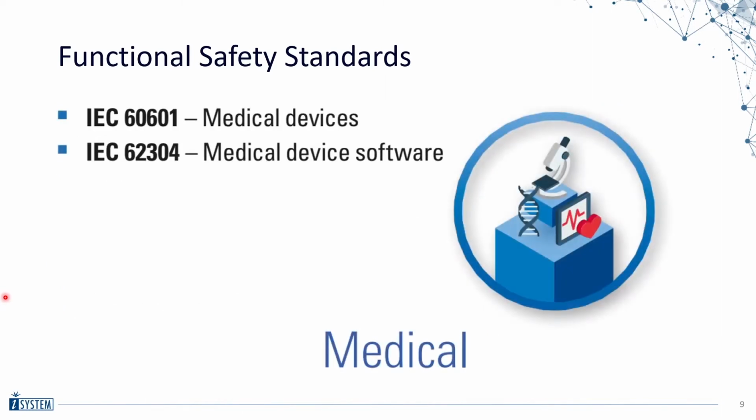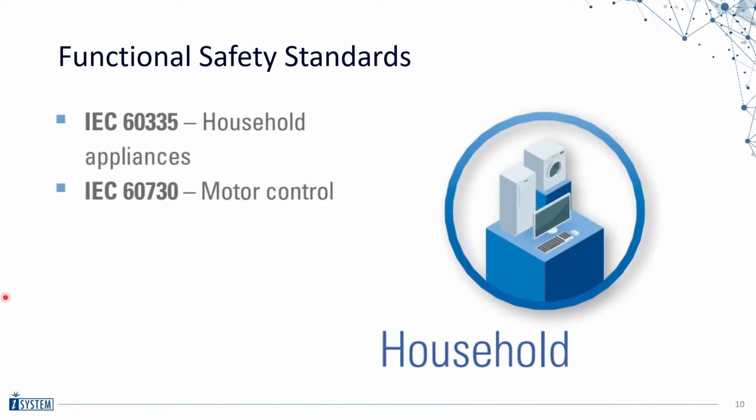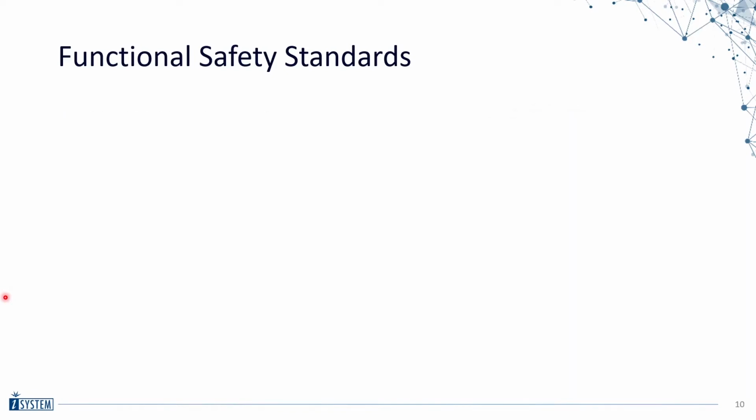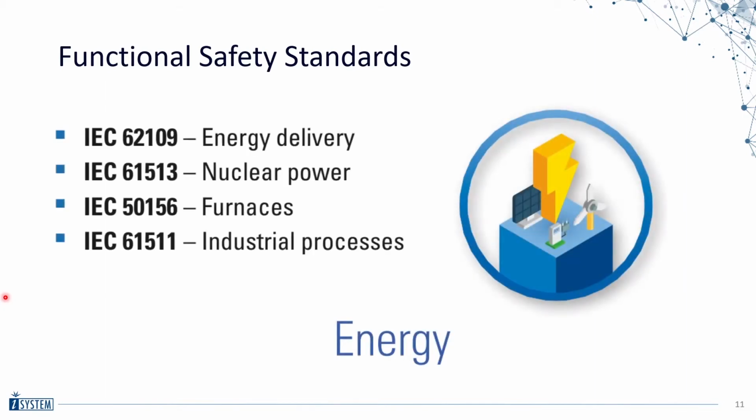Of course, medical devices and their software must be tested. Household appliances like washers and dryers, or refrigerators or stoves, must meet their functional safety standards. The energy sector controls a number of safety-critical systems and must also do its part in keeping people, communities, and the planet safe.